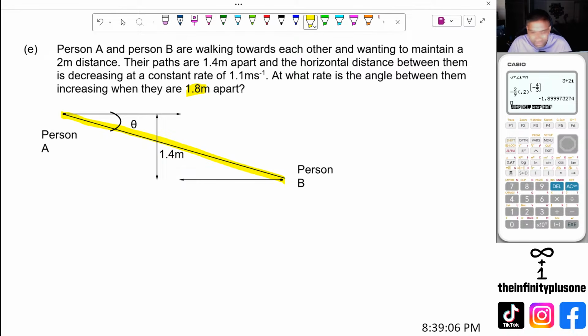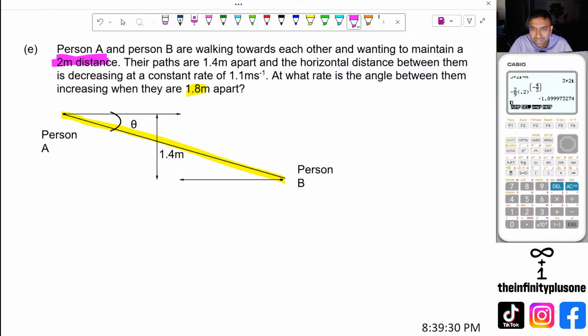Now, if you look at the question, it says at what rate is the angle between them increasing when they're 1.8 meters apart. So while they're wanting to maintain a 2-meter distance, I almost feel like that's useless information. I don't think we really need to use that anymore.